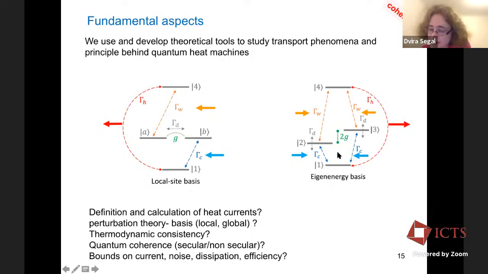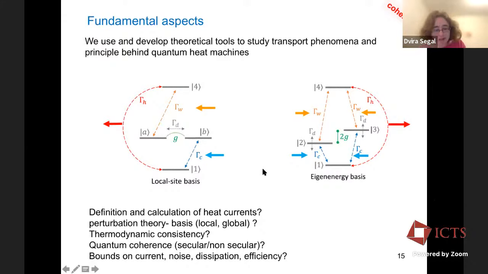Once I go to the energy basis, so I diagonalize A and B, I get the 2 and 3 levels with energy splitting 2G. And obviously, once I go to the energy basis, the couplings to the heat bath are more involved. They are no longer local. It's something like global thermalization, and I see the heat bath coupled to different transitions in the system.